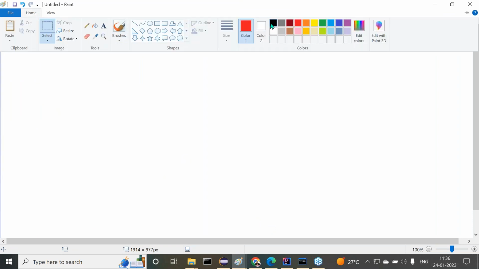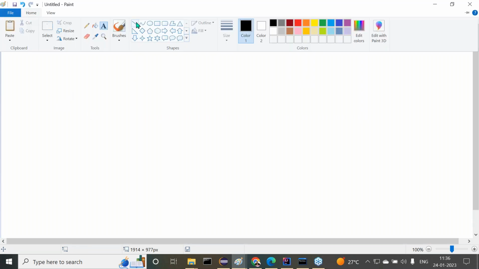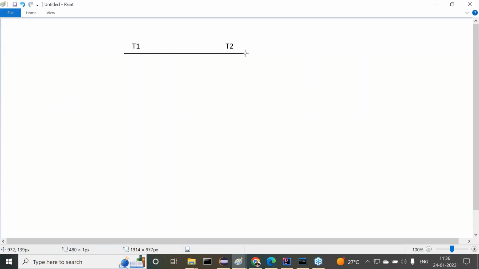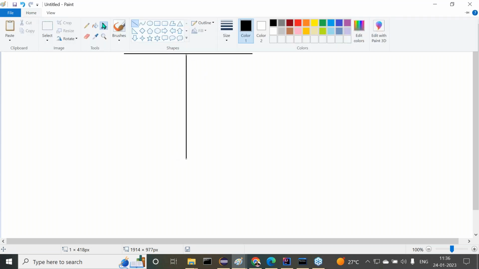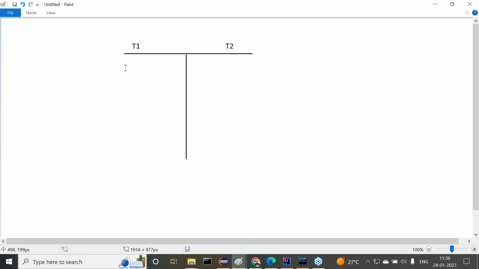For example, here we have two transactions, the T1 transaction and the T2 transaction. Now in these two transactions, bal is equal to something else. Here the intention of the T1 transaction is what?